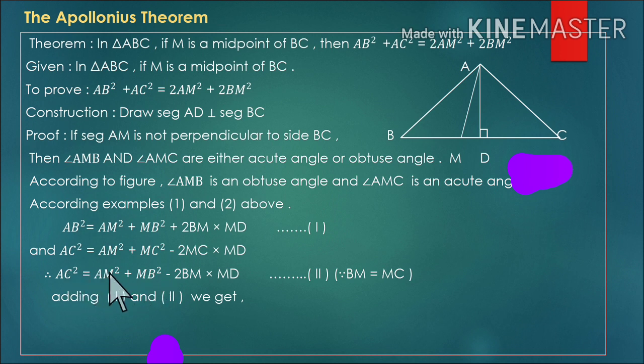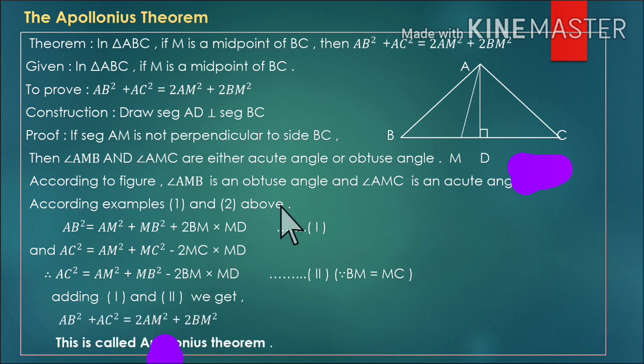Then AC square is equal to AM square plus MB square minus twice BM into MD. Then adding 1 and 2, we get AB square plus AC square is equal to twice AM square plus twice BM square. This is called the Apollonius theorem.